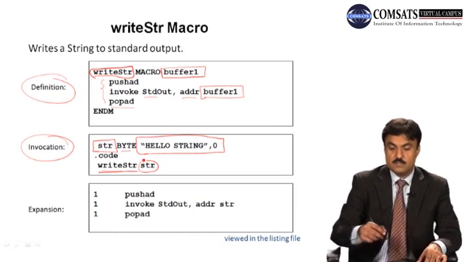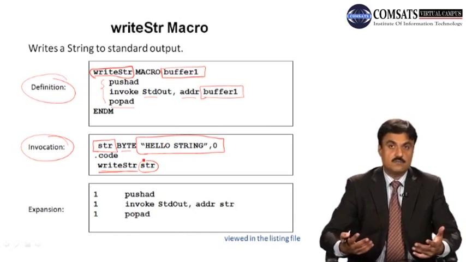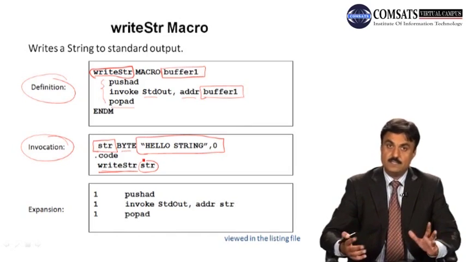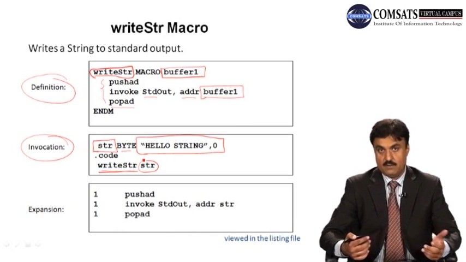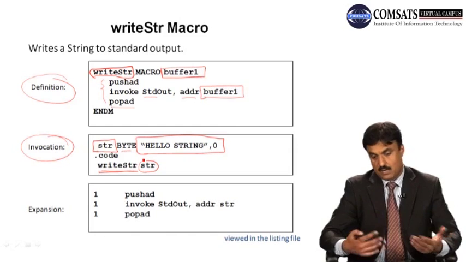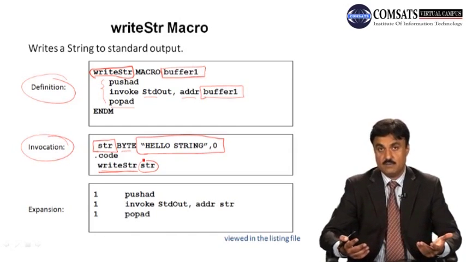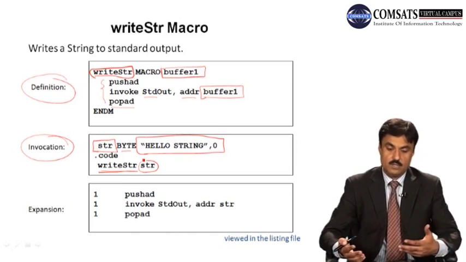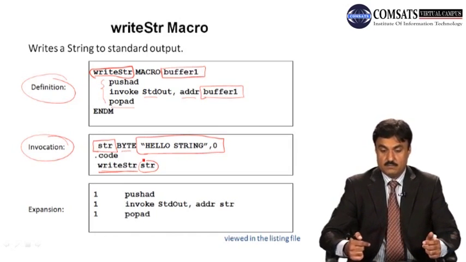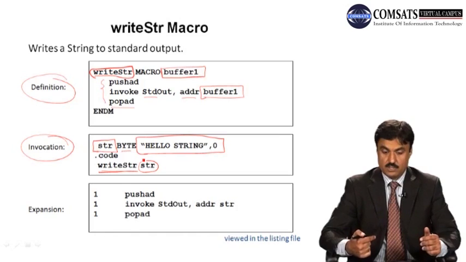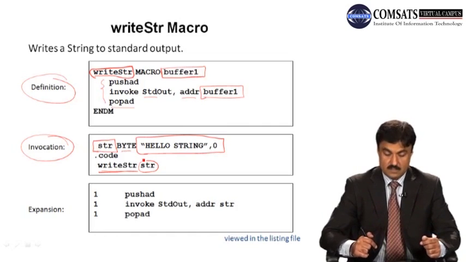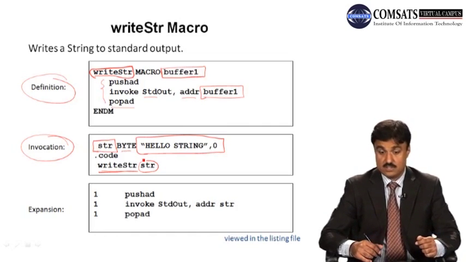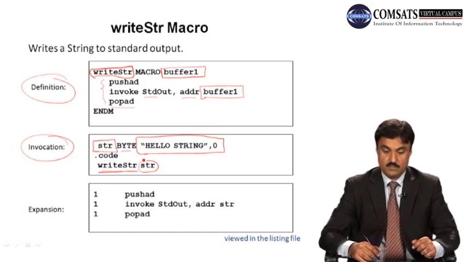When we invoke this macro, it will print out whatever string you want to print, and at the same time it will preserve the values of the registers as they were before the invocation of the stdout call, and after that the same values will be restored inside the registers. So we can preserve the registers as well as perform the string writing or printing function.